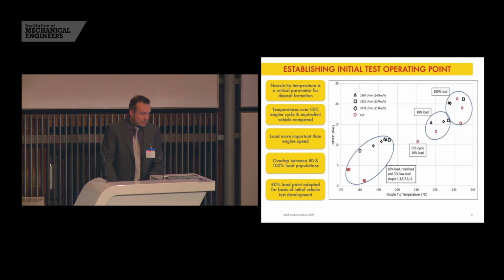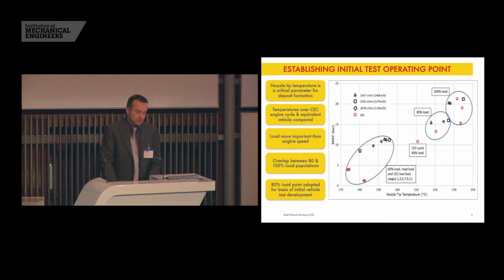So you can see that load is more important than speed in terms of nozzle tip temperature, and there are three populations indicated in the data by the blue ellipses. In the bottom left-hand corner, we've got all the data recorded at lower loads up to and including 60% load. Then towards the top right, we have the 80 and 100% load populations.